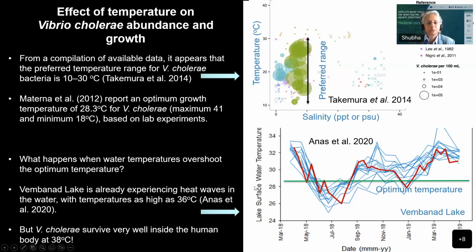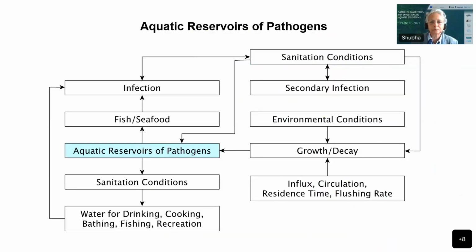So we wondered whether that might push us beyond the upper limit of suitability for Vibrio, but people say Vibrio can survive very well inside the human body at 38 degrees. So we can't sterilize the Vibrio by letting waters warm up too much.